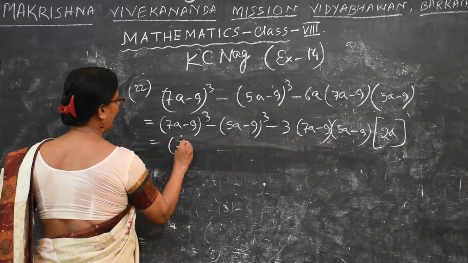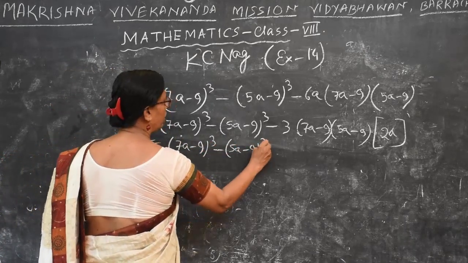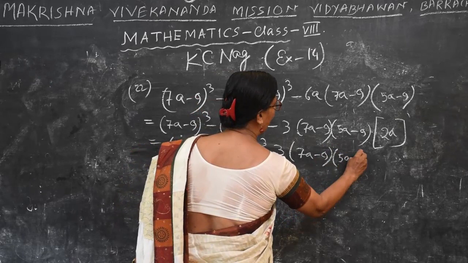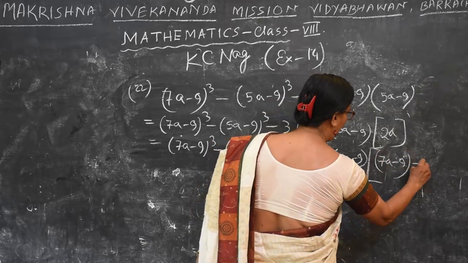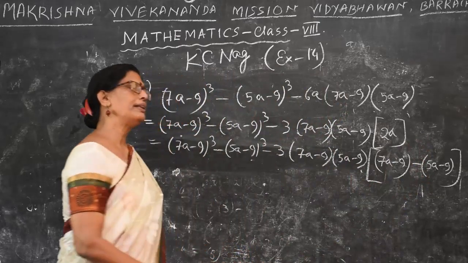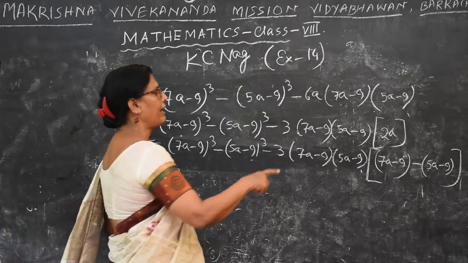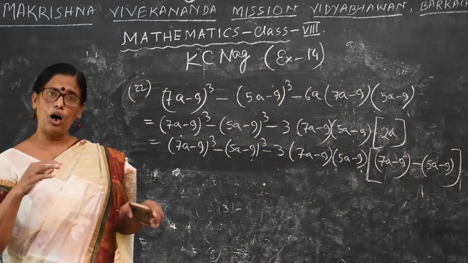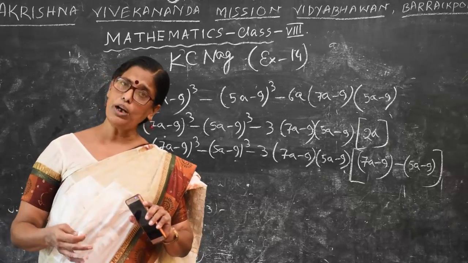So it is (7a minus 9) whole cube minus (5a minus 9) whole cube minus 3 into (7a minus 9) into (5a minus 9), and third bracket (7a minus 9 minus 5a minus 9). Open the first bracket: 7a minus 9 minus 5a plus 9, and 9 is cancelled. So 7a minus 5a gives you 2a. So all the given data we adjust as our formula pattern.